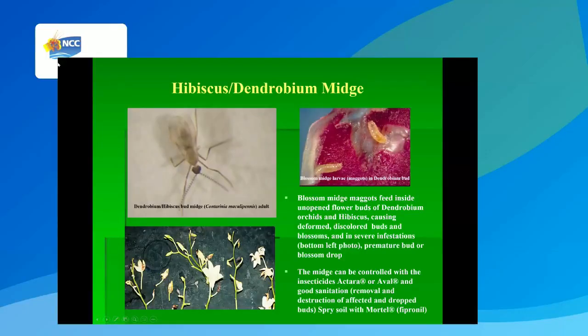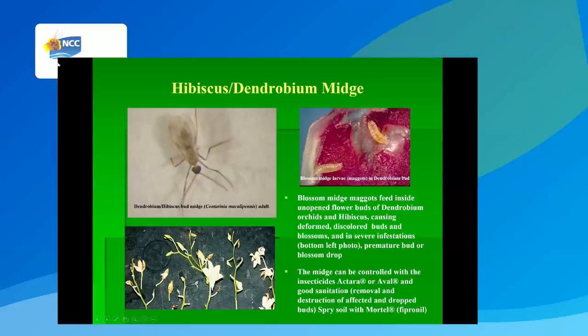Another type of pest that we encounter, you ornamental growers, you orchid growers, people who grow hibiscus, is a tiny fly called a midge. And this one that I have highlighted is the hibiscus or dendrobium midge.